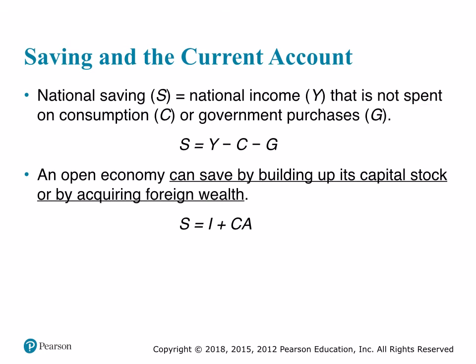An open economy builds up its capital stock, which is I, or acquires foreign wealth, which is CA. So there are two ways of saving, right? We either build up our capital stock, or we try to acquire foreign wealth. And how do we acquire foreign wealth? Only if we keep exports larger than imports.